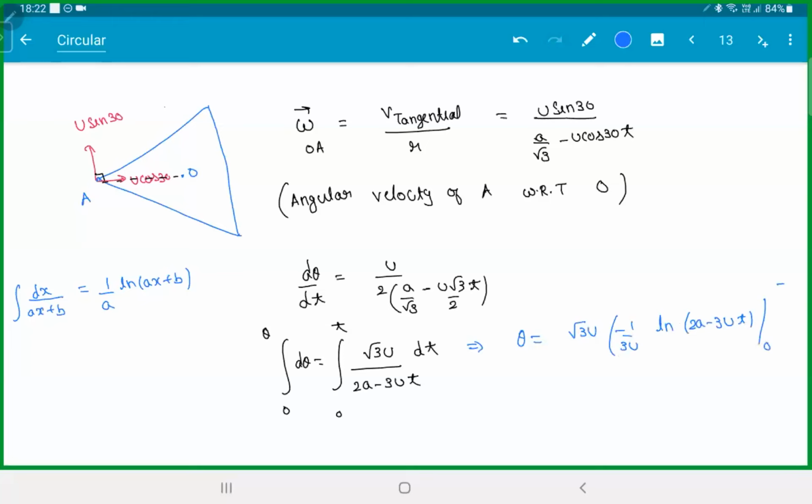Limits will go from 0 to time. U will cancel. Minus root 3. If you substitute, that thing will be ln of 2a minus 3ut, and if you put 0, you'll get ln 2a. Send minus inside, you end up with root 3 ln of 2a by 2a minus 3ut. This is the angle rotated as a function of time t.